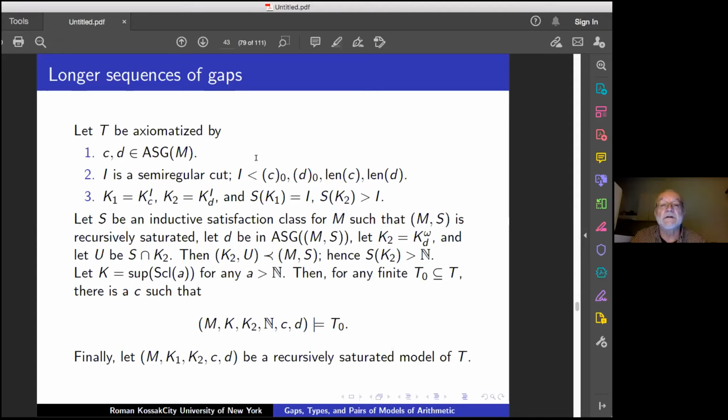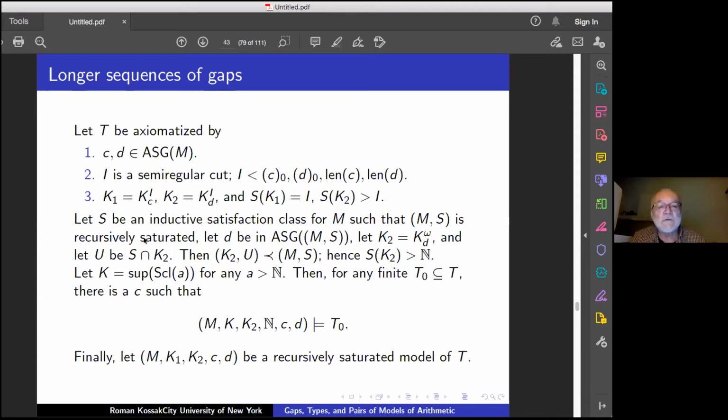K1 and K2 will have cofinality I and will be of this form, but the theories will be different, because one theory will say that S of K1 is I, and the other that S of K2 is greater than I.